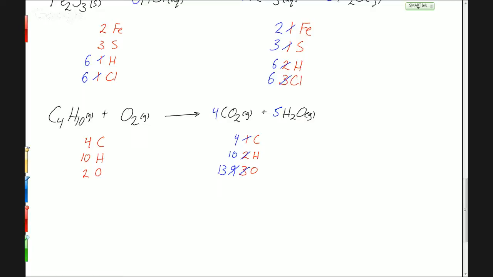So there's no way I can have some number times 2 and get to 13, right? So what do you do if you end up with this issue where you can only change things in even numbers on the left, but I've got an odd number on the right? How could I possibly work this out? Anybody come up with a solution to that?